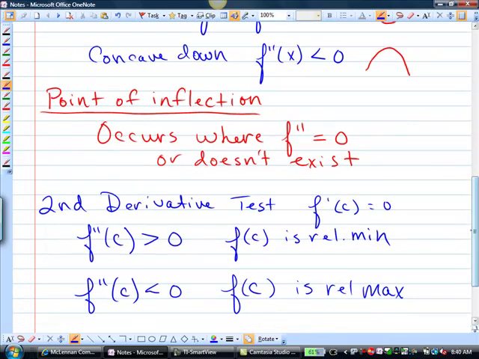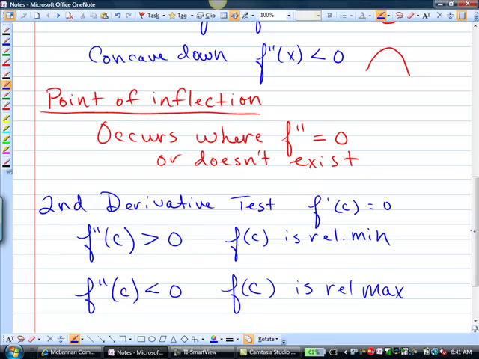So here's the second derivative test, kind of like the first derivative test. Where it's positive, f of c is a relative min. That's kind of the opposite of what we had with increase, decrease, right? Think about it. The first derivative test said if you were increasing and then you were decreasing, then that c was a max.